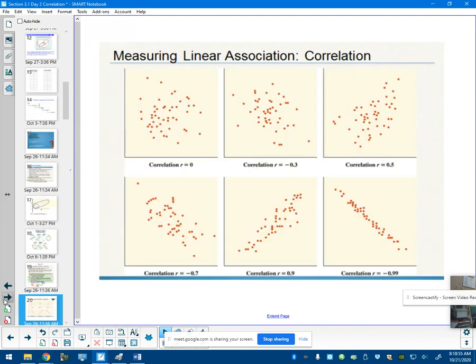Okay, this is what you have in your notes. So I would like you to draw the ellipses around all of those. See how close 0.999 is? It's not a perfect straight line.